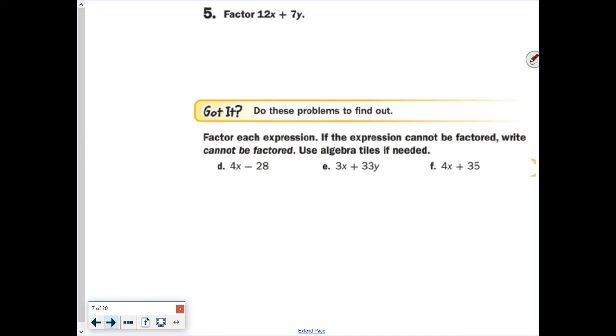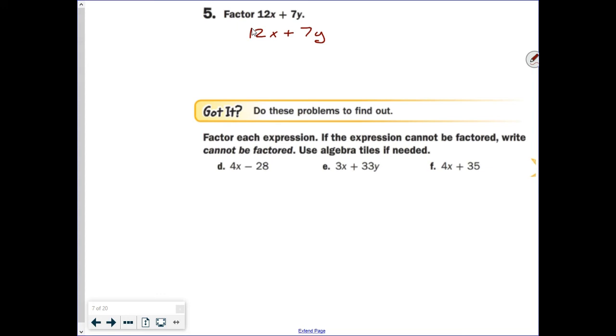Take a look at example number 5. It says factor 12x plus 7y. If we take a look at these two monomials, 12x and 7y, and ask ourselves what is the largest thing that will divide equally into both of them? Well, 7 is a prime number, and x and y are different variables. So the largest number that goes equally into 12 and 7 is 1.